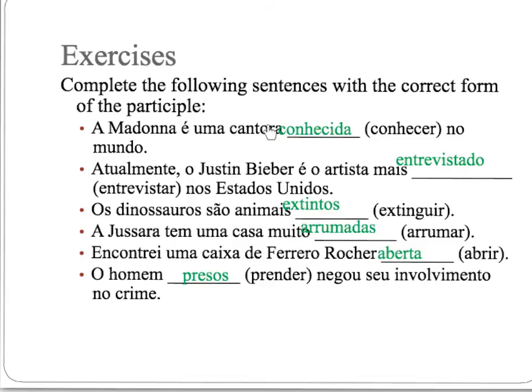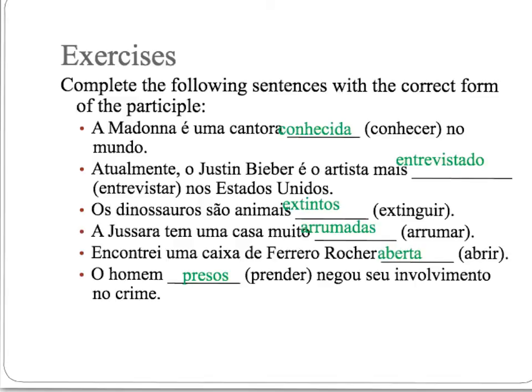Conhecer here, or the known that I want, is an adjective that characterizes cantora, okay? In other words, known singer. So, conhecida needs to match the noun that it modifies, that in this case is cantora, which is singular and female, okay?